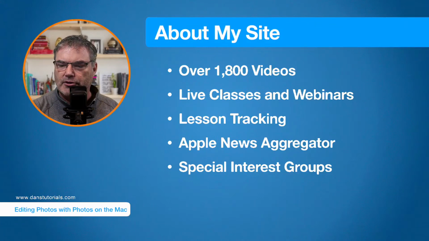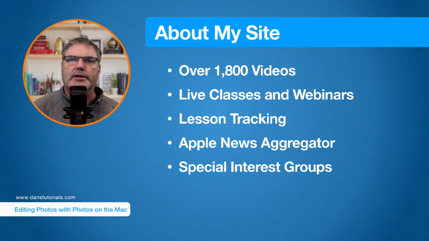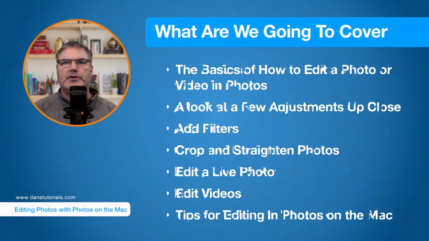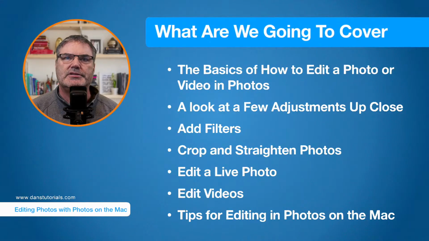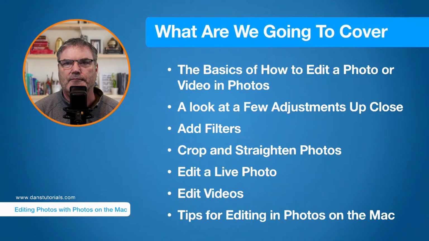You're here to learn about photos. So what we are going to cover here basically is the basics of how to edit a photo or video. When I talk about photos and videos, I am talking about photos and videos. The Photos app on the Mac can also do basic video editing. It's no Final Cut Pro.